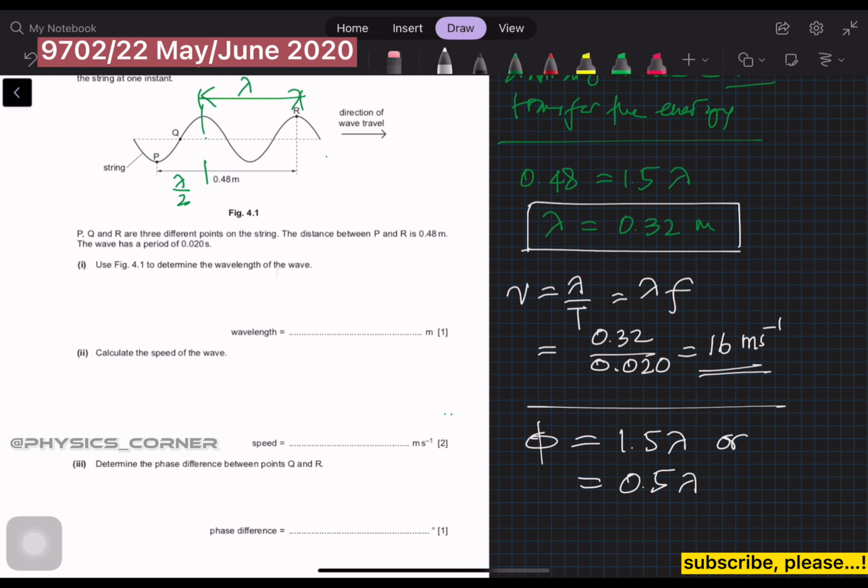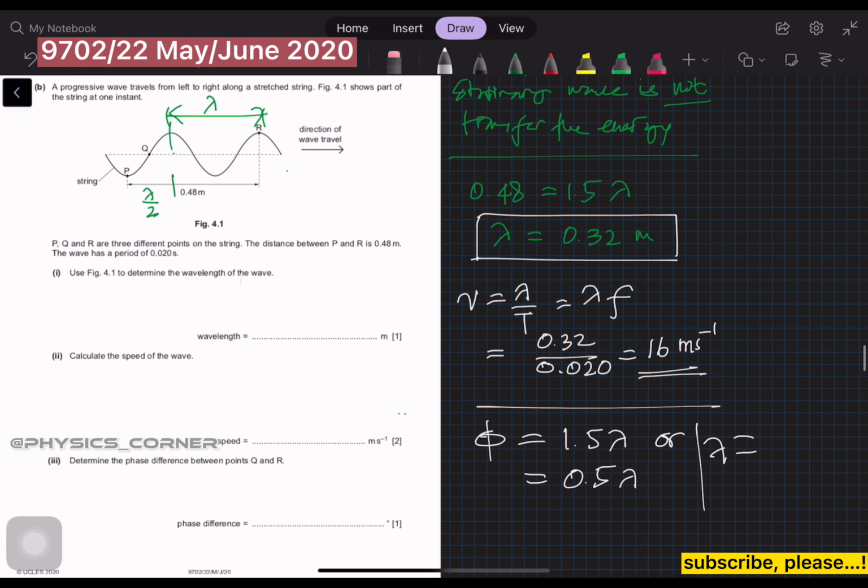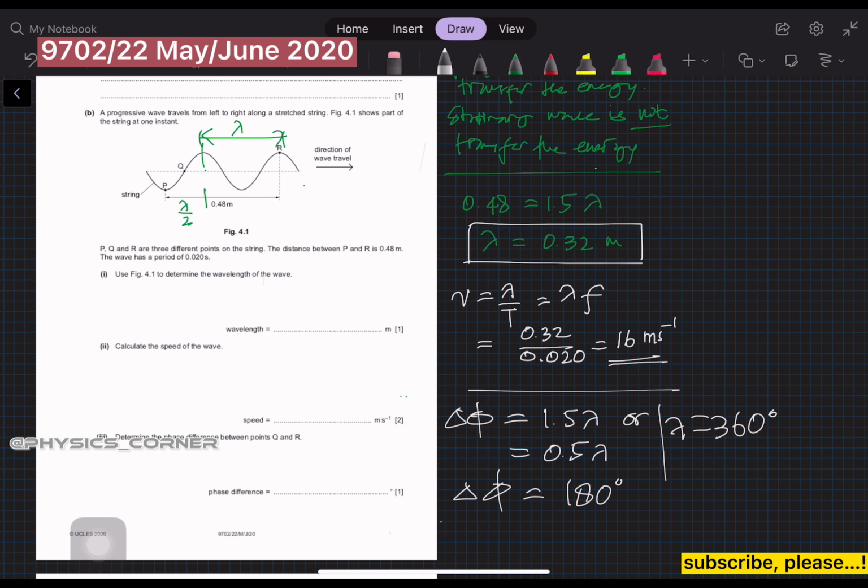Also, a lambda is something with 360 degrees, like one circle. So the phase difference is 0.5 of lambda, 1/2 of lambda.